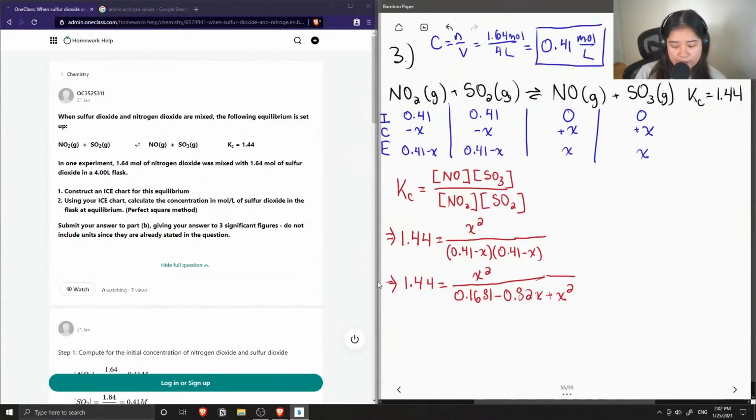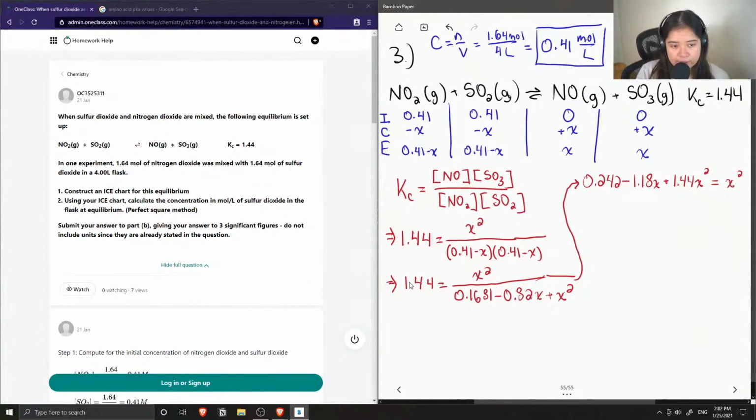So now we have this quadratic formula as our denominator. Then we just need to expand this some more. So bringing our denominator, multiplying everything by 1.44, you get 0.242 minus 1.18x plus 1.44 x squared is equal to x squared.